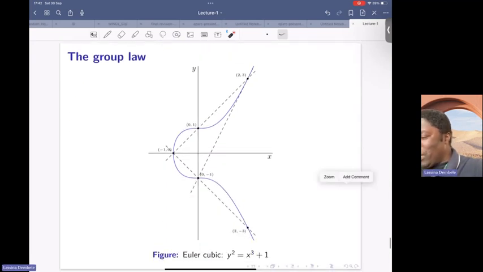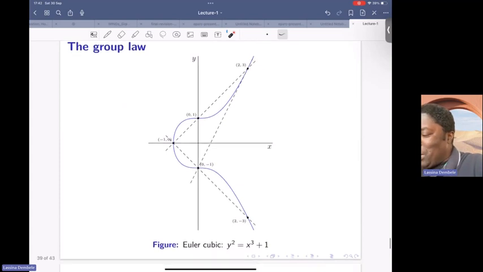So here's one very amusing example. This is often known as the Euler cubic, and you can visually sum the points on the Euler cubic without doing much calculation, right? So for example, if I want to sum this point, which is (-1, 0), with this point (0, 1), we can show that the line goes through the point (2, 3).